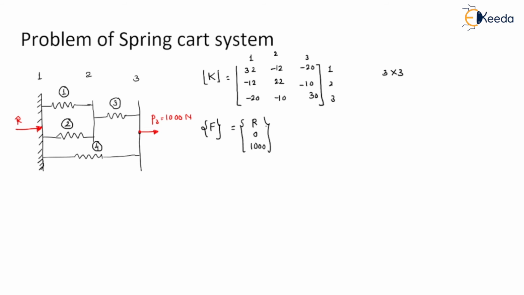Which is having 3 rows and 1 column, so 3 cross 1 here. And for displacement we have the same 3 cross 1. So again U1, U2 and U3, we have 3 nodes, so again it is 3 cross 1.